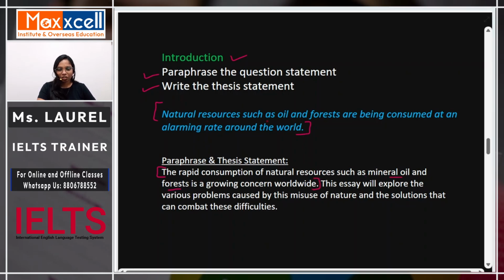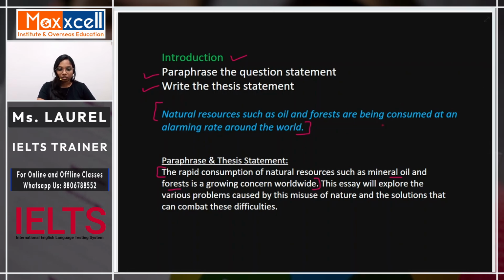So here you can see all the words that have been changed. We have also changed the order of the sentence, so consumption has come right at the beginning. We have also changed oil to mineral oil. We have also done this: growing concern worldwide. So this is how you need to paraphrase your question statement.